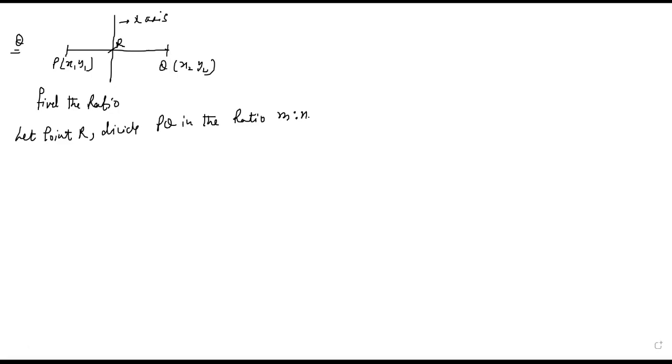So this is M and this is N. Apply the section formula. This is the x-axis. So if the point lies on the x-axis, the coordinates are x, comma 0.